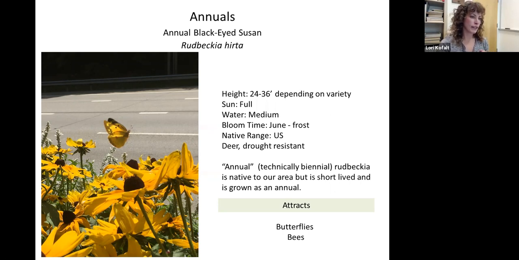So Rudbeckia hirta is native to our area. And obviously some of these annuals are cultivars of that, but this one is short-lived, so that's why it's grown as an annual here. And I believe this is an orange sulfur butterfly, but yes.